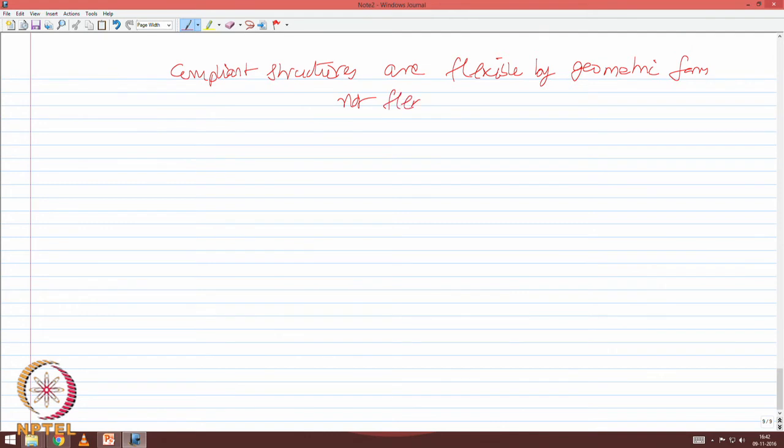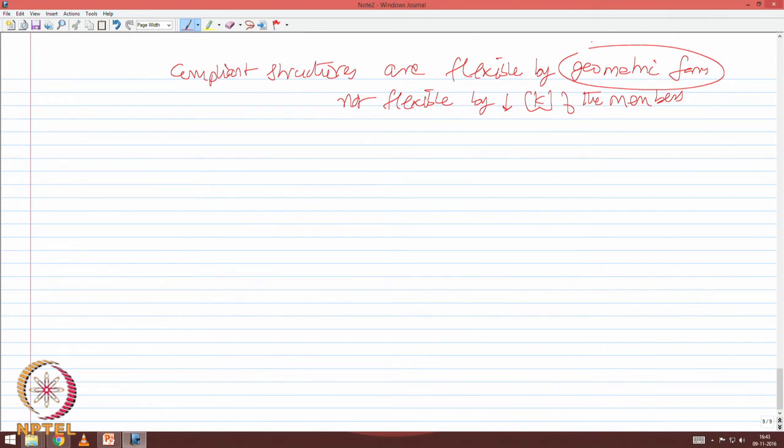So, compliant structures are flexible by geometry, not flexible by decreased stiffness of the members. Please understand, this is a very important statement. Members are stiff enough to withstand the forces, but the whole platform remains flexible in terms of its geometric design. They are called compliant structures.